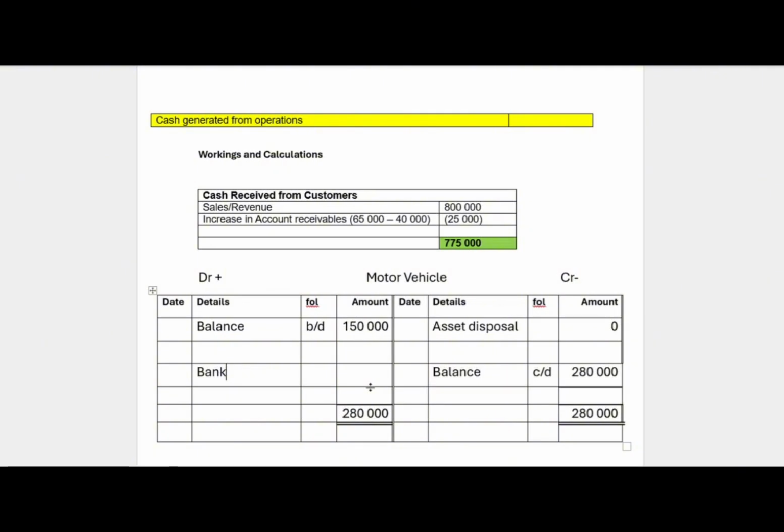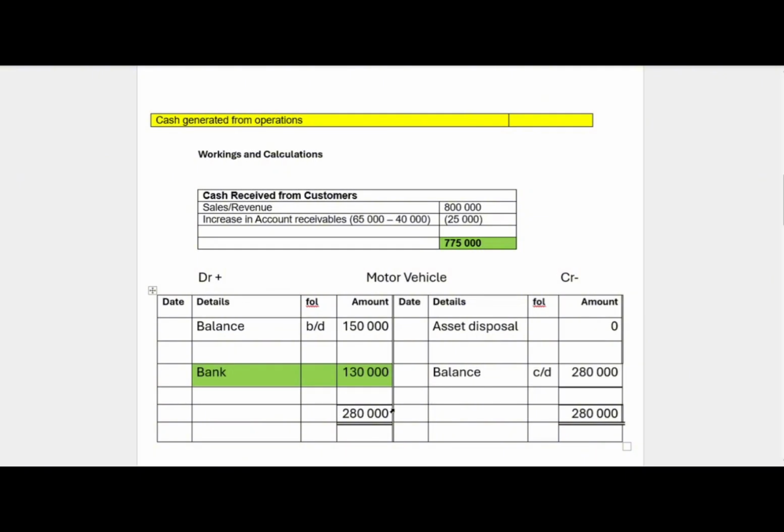So it's going to be 280,000 less 150,000. All right, so it's going to be 130,000. This 130,000 will go to your cash flow as increase or additions in motor vehicle.